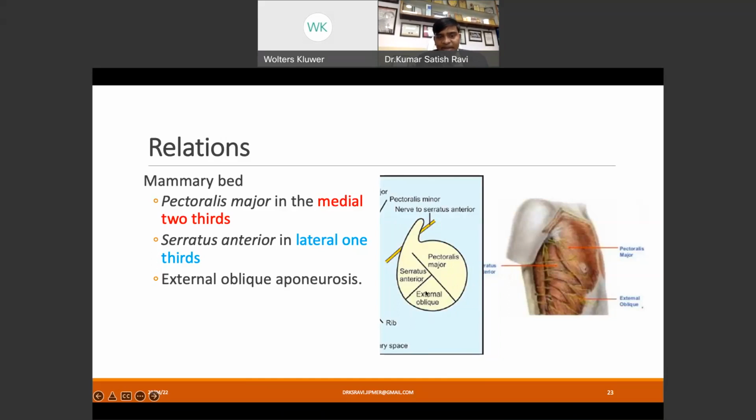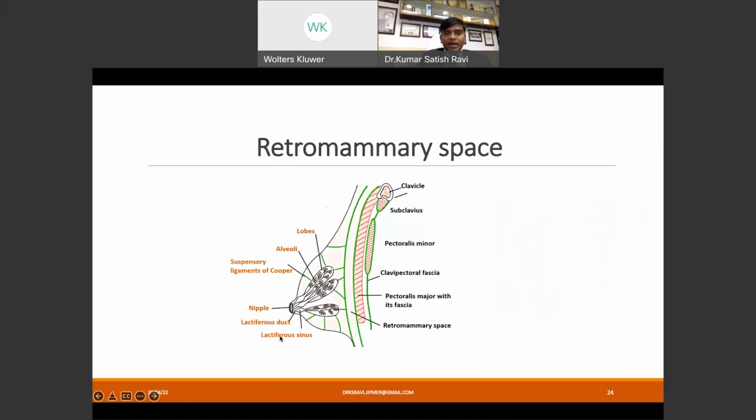Apart from that, you have the external oblique aponeurosis. So in the medial two-thirds the pectoralis major is related, in the lateral one-third the serratus anterior, and inferiorly you can appreciate the external oblique muscle of the abdomen. So these are the relations. These structures collectively are called the mammary bed.